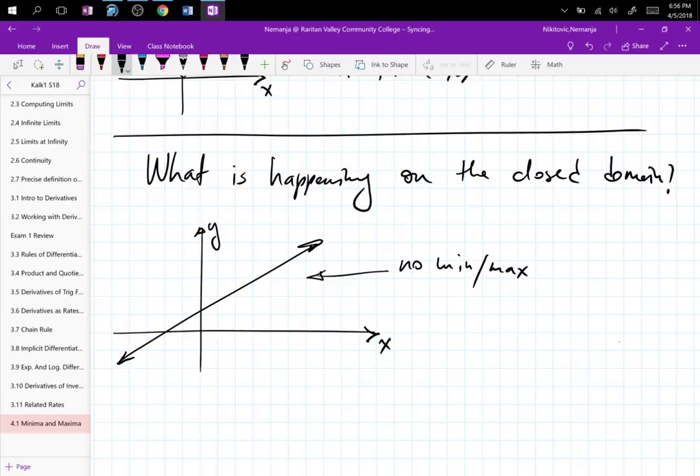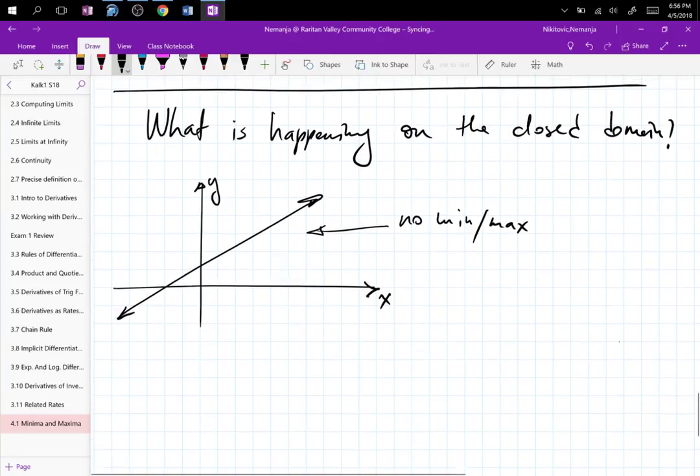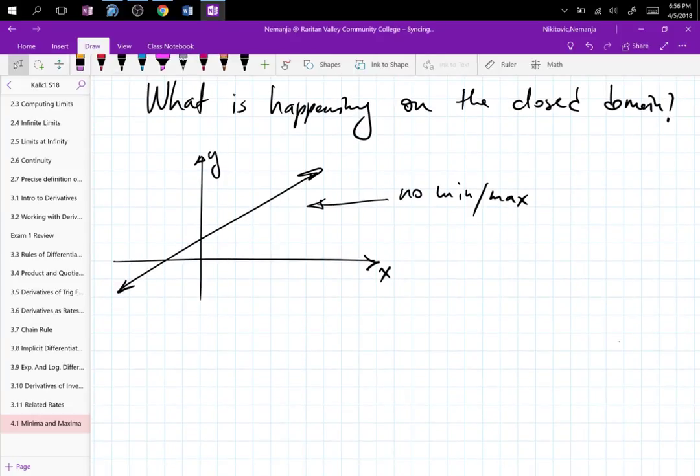Now what I'm going to do is take this same line and put it on the closed domain. That means I'm going to chop off parts of this line, and I am throwing away the parts that are going.